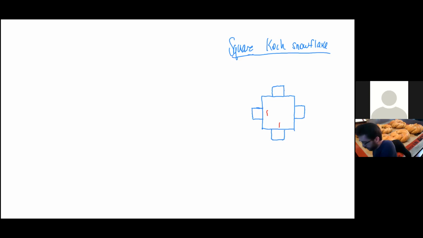Each of these would be side length 1/3. It's actually 1/3 all around, since I'm dividing the whole line into 3, but I'll just show it on a couple sides there.